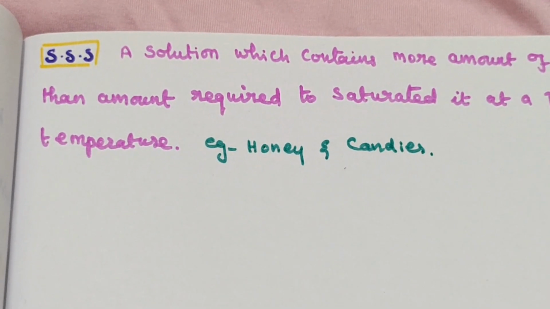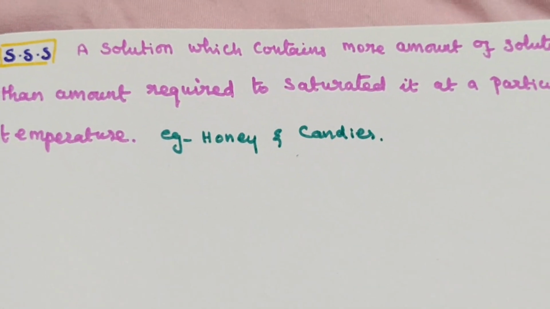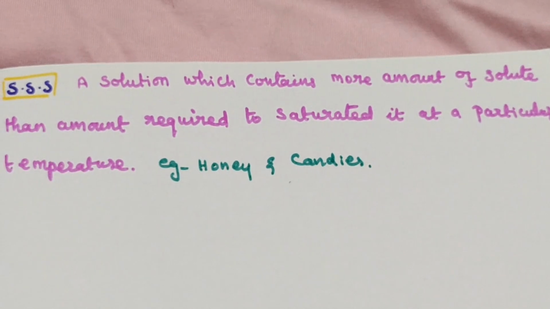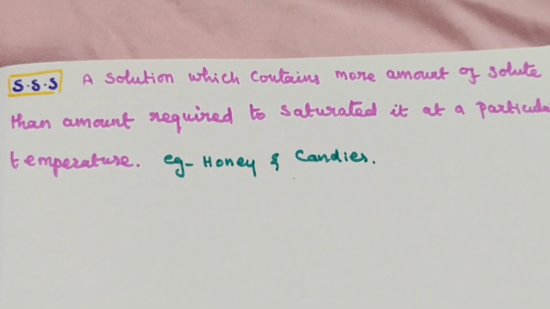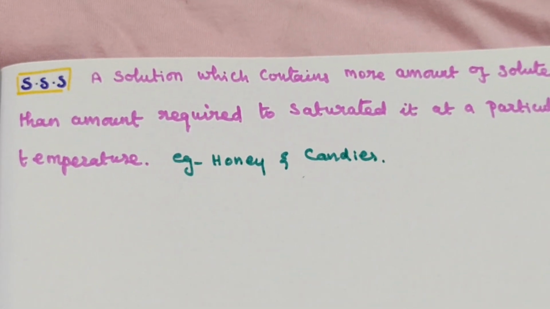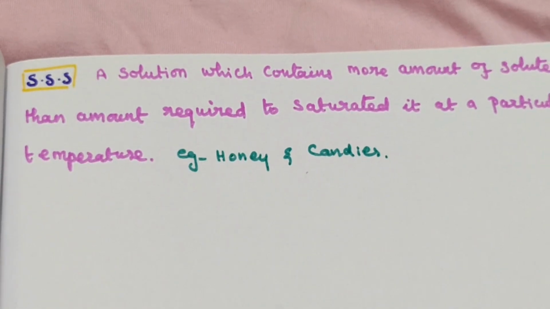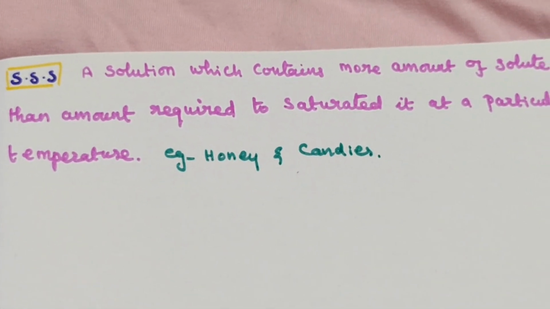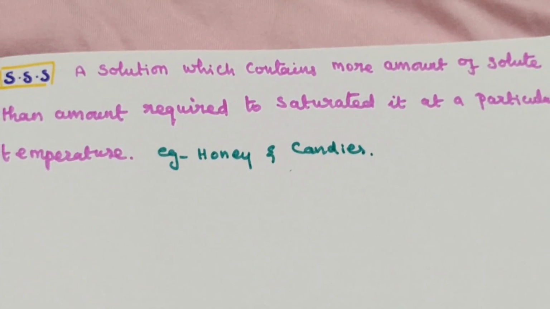Therefore, we can define a supersaturated solution: a solution containing more solute than the amount required to saturate it at a particular temperature. The best examples of supersaturated solutions are honey and different types of candies.